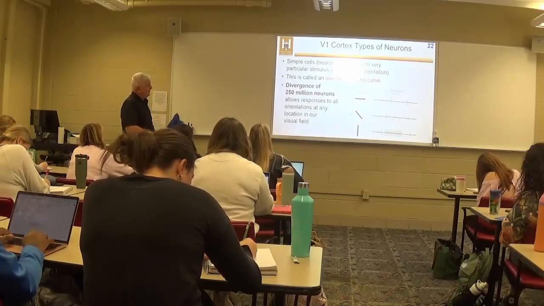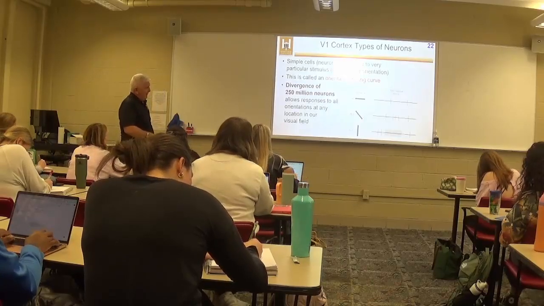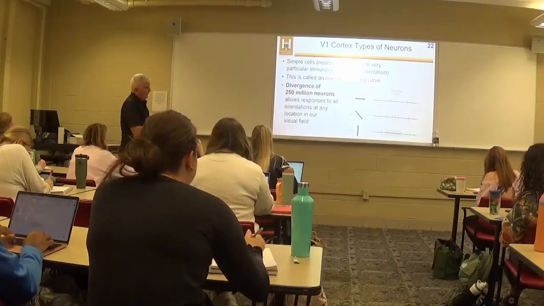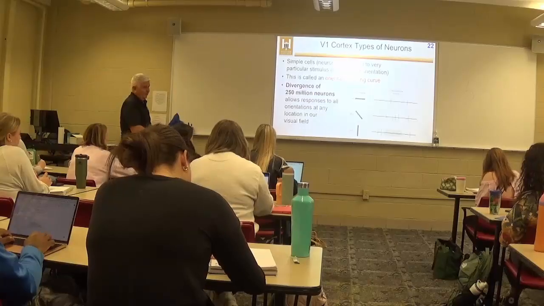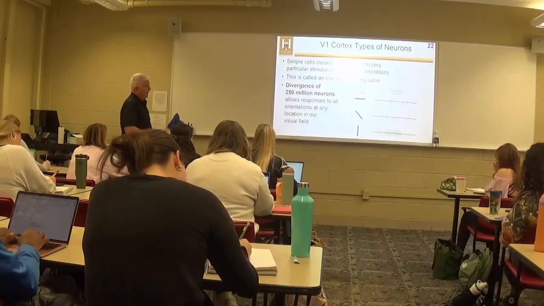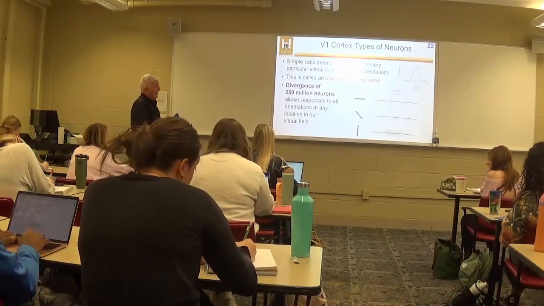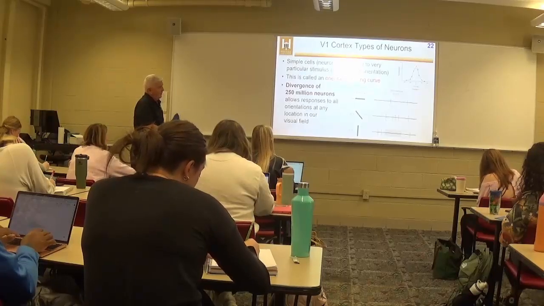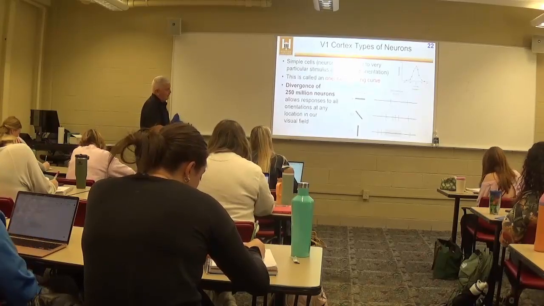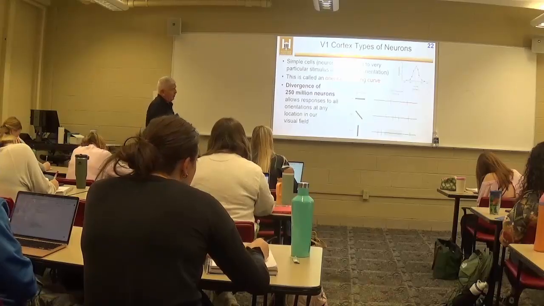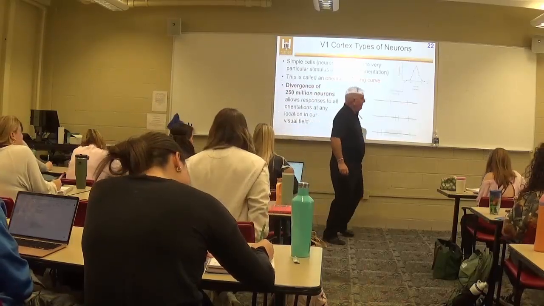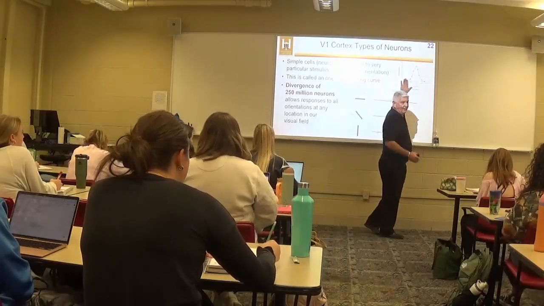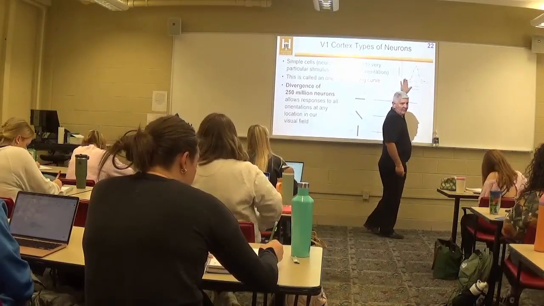They could go in and measure, stick the electrode down, and find that this part of V1 was coding for a vertical line and not for another line. And as they changed the angle of the line, the more they got away from vertical, the less responsive that neuron became, until at some point it's rotated so much that it doesn't activate that neuron anymore.